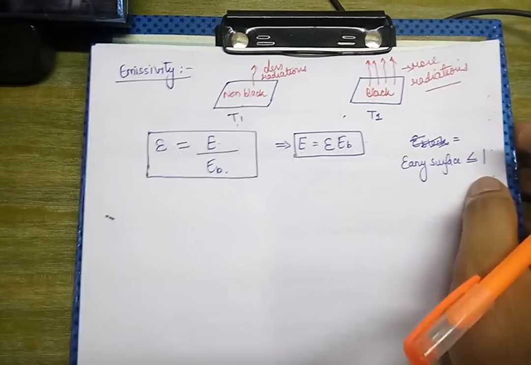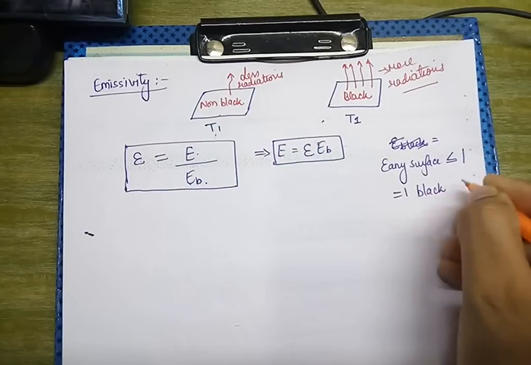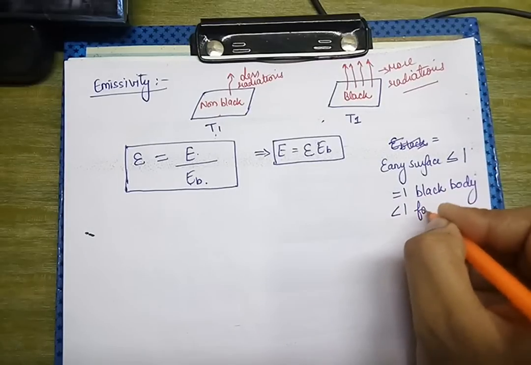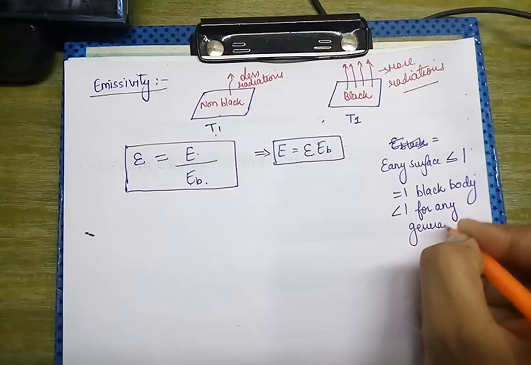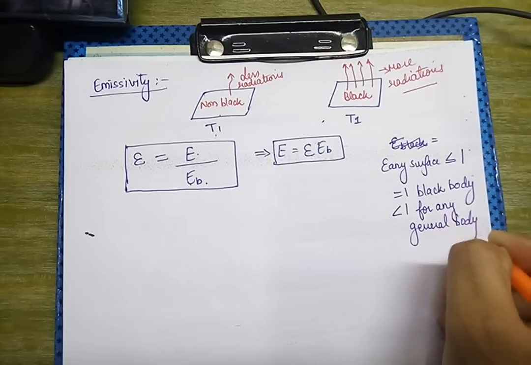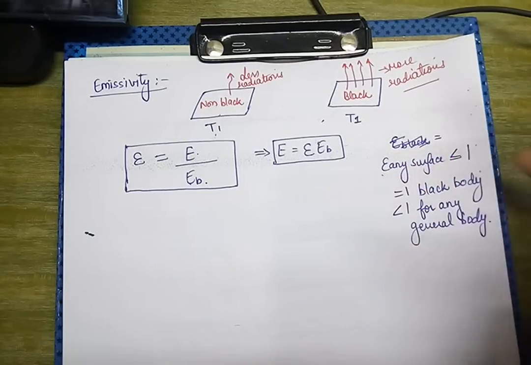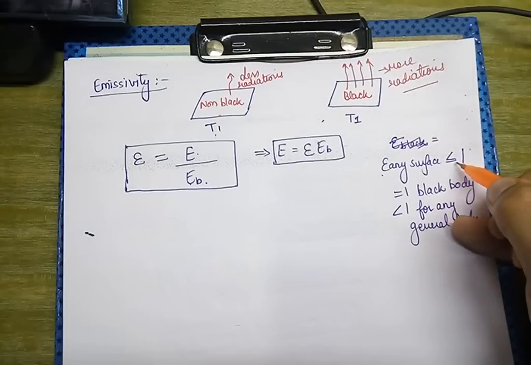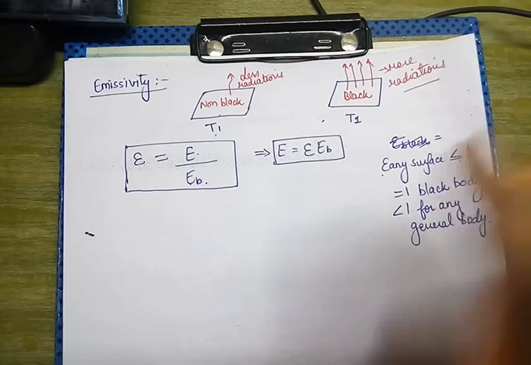It is equal to 1 for a black body, and less than 1 for any general body. This question can also be directly asked: emissivity of any surface can have what value? So it can have any value less than or equal to 1.